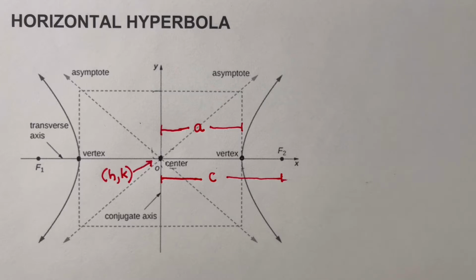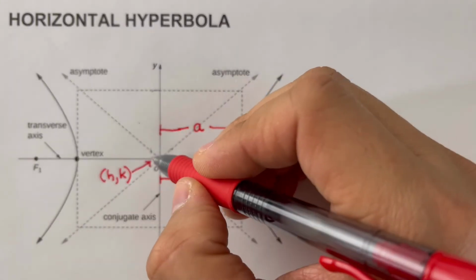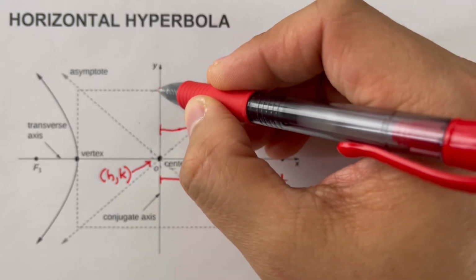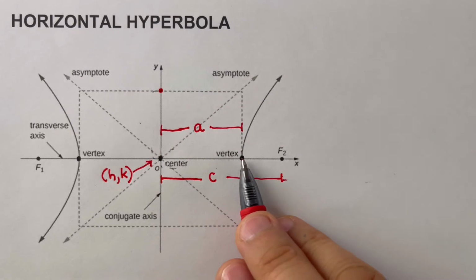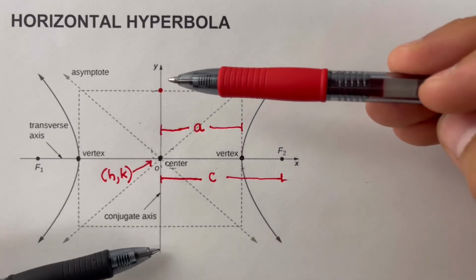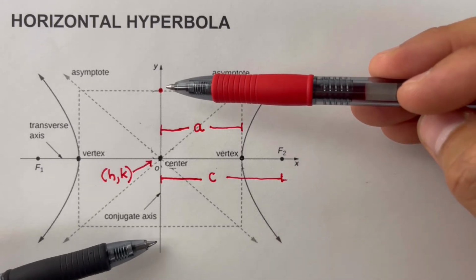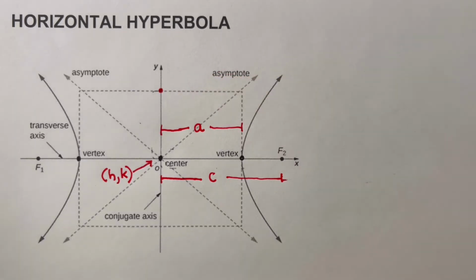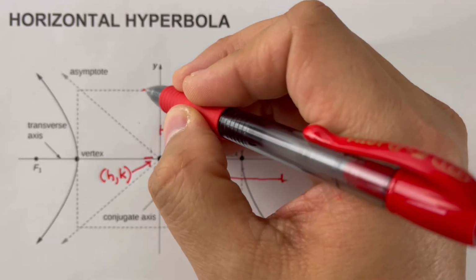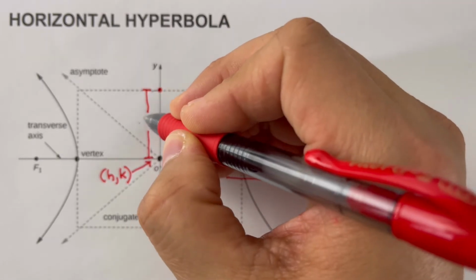And we also remember the distance from the center to the co-vertex. So this point right here is called co-vertex, and this is the vertex. There are two co-vertices, and these two co-vertices are located along the conjugate axis. So this is our co-vertex. The distance from the co-vertex to the center is represented as letter b.